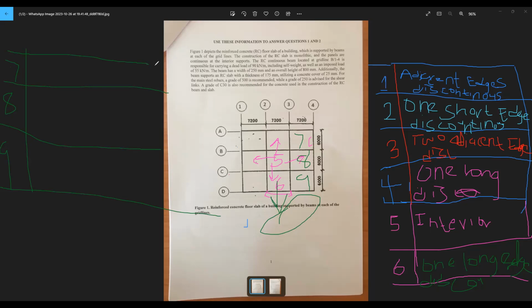So panel 7, what did you get for panel 7? Yes, you are right. Panel 7 has two adjacent edges discontinuous.